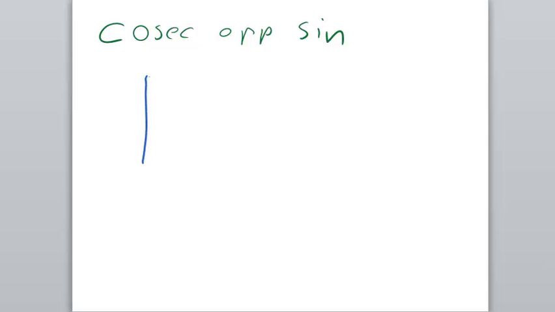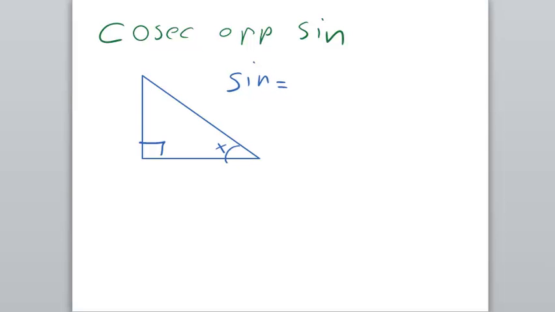So we draw our triangle back again. It's a proper right angle triangle now, so let's name this X. What was sine? Sine was equal to opposite over hypotenuse.